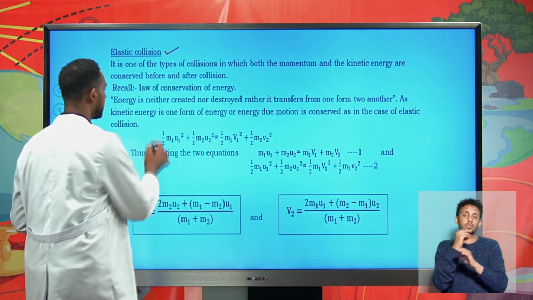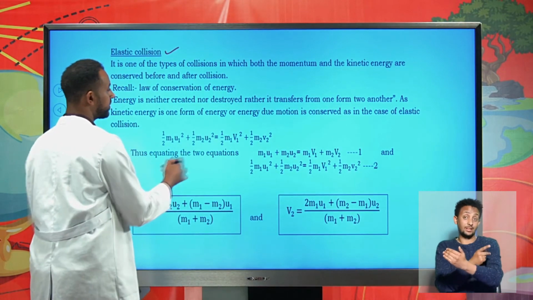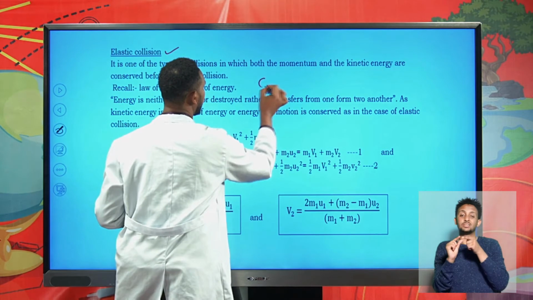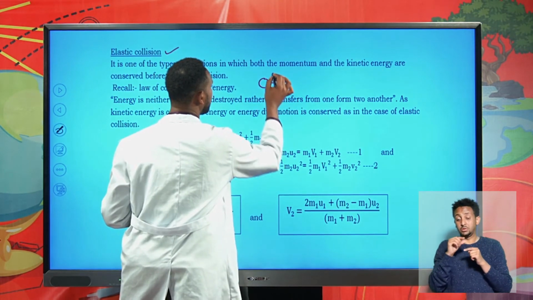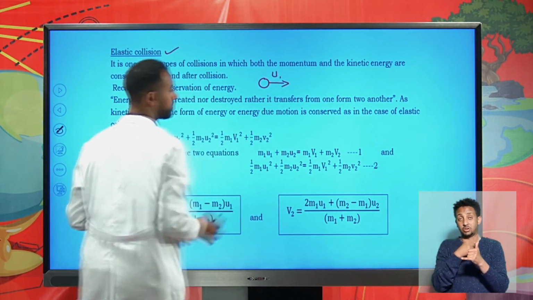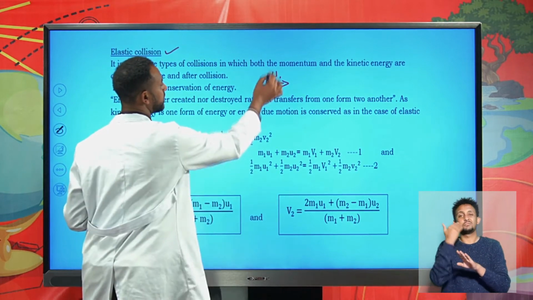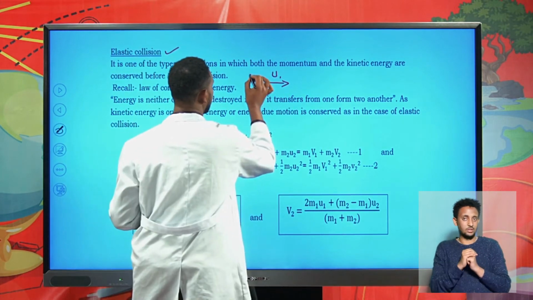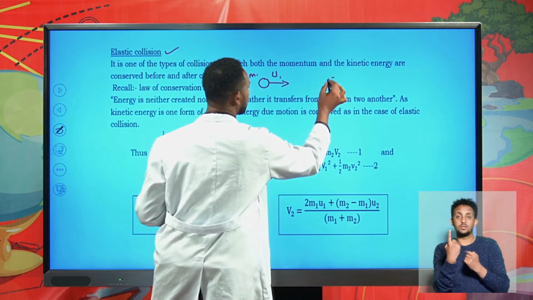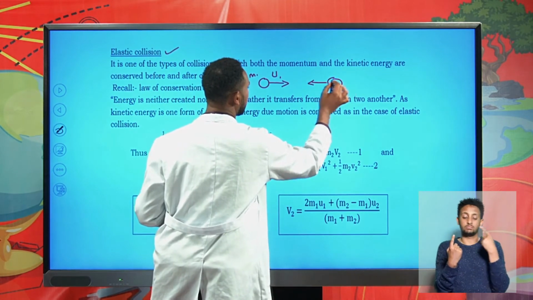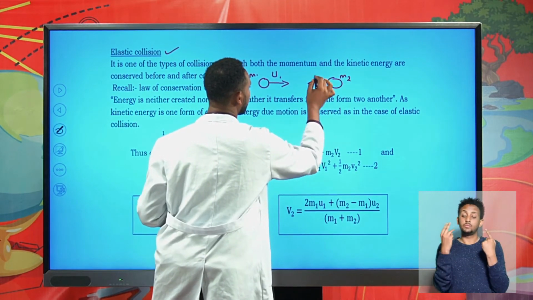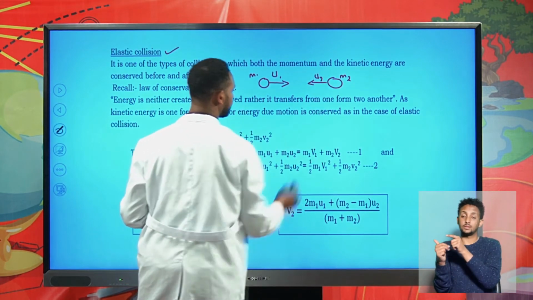So for the kinetic energy, suppose here you have a particle moving with an initial velocity u1. As we have previously said, this is mass 1. We have another mass, mass 2, moving with an initial velocity u2.